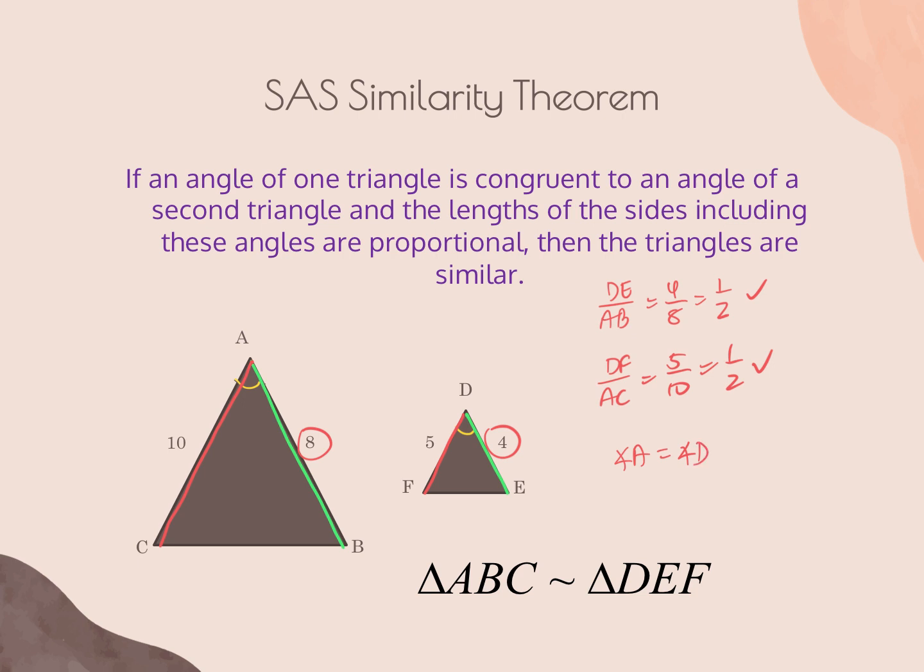Then I can prove using side-angle-side similarity that these two triangles are similar. And that tells me that angle C is congruent to F, B is congruent to E, and this third side, BC and EF, has the same proportional relationship as the other two pairs of sides.